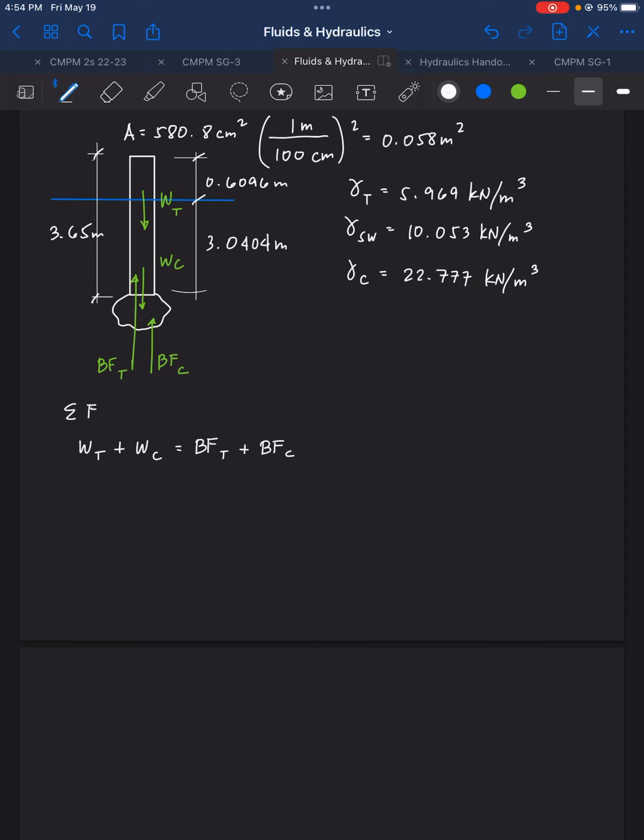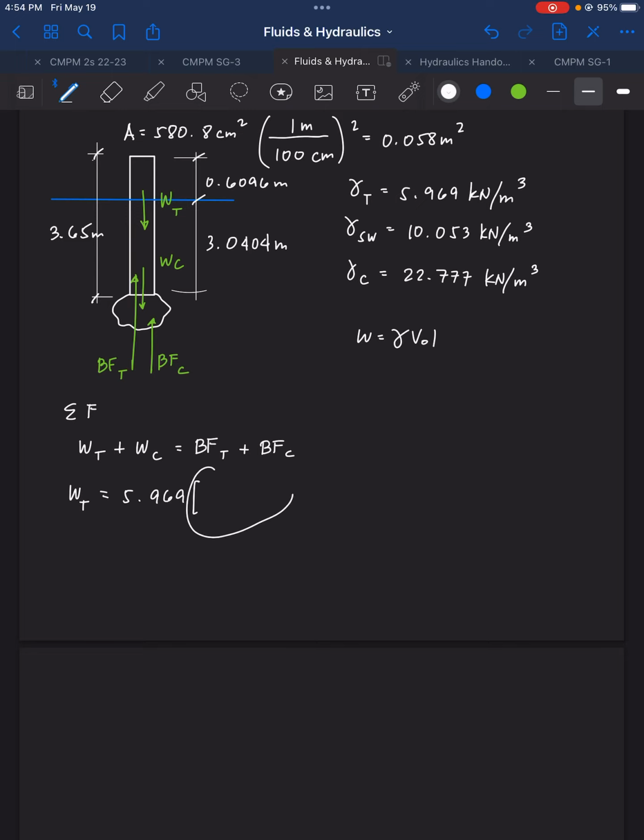Now for the weight of timber, we have here weight of timber is equal to 5.969 times the volume. Remember that for weight we're talking about gamma times volume.